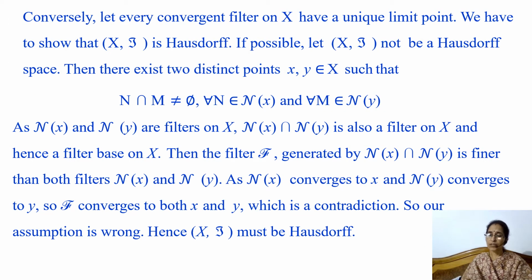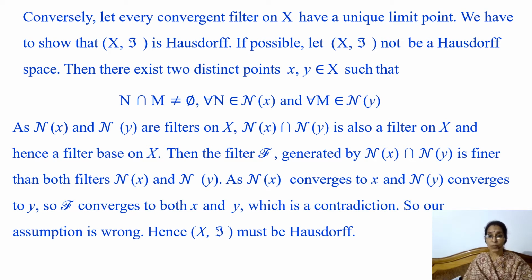Conversely, let every convergent filter on X have a unique limit point. Then we have to show that (X, τ) is Hausdorff. If possible, let (X, τ) not be a Hausdorff space. We know that if a space is Hausdorff, then for every pair of distinct points x and y of X, we can find two neighborhoods of x and y respectively that are disjoint.